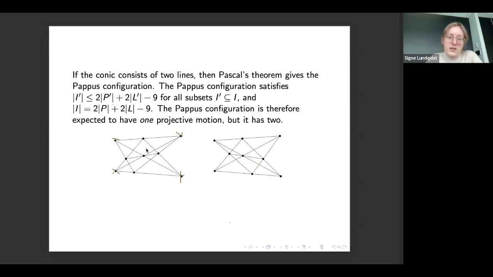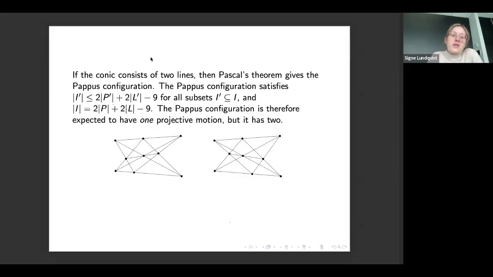But I could just as easily have chosen to move this point, right? And in fact, I can move these 2 points just independently. So it has a two-dimensional space of projective motions. And that is a bit surprising, and it makes it hard to characterize projective motions.